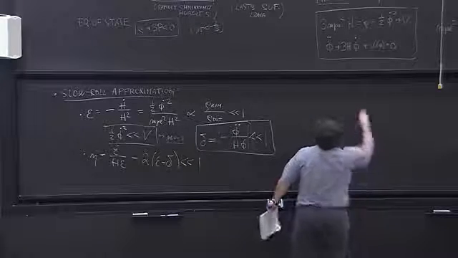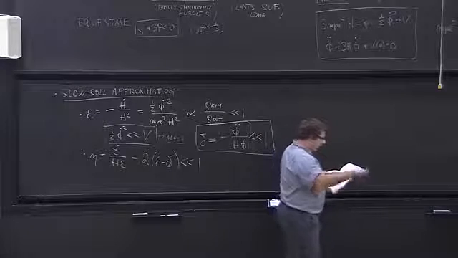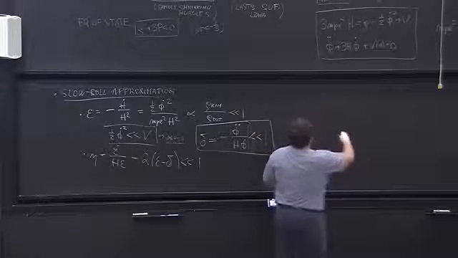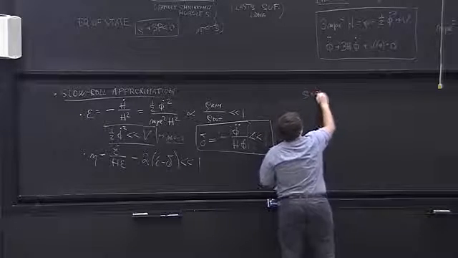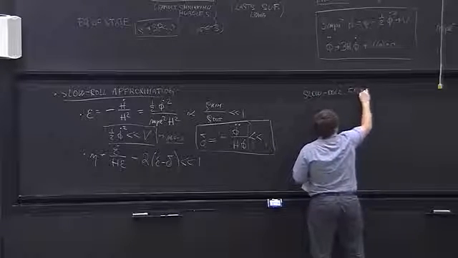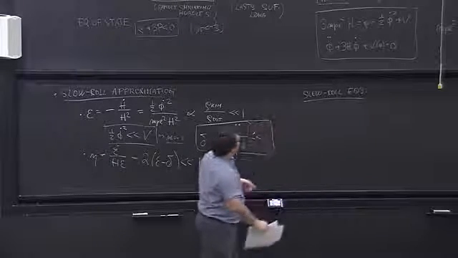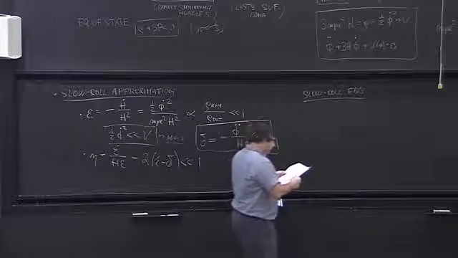And so we may look at how these equations get satisfied in this approximation, and these are called slow roll equations. In the first one, I just neglect the phi dot square.